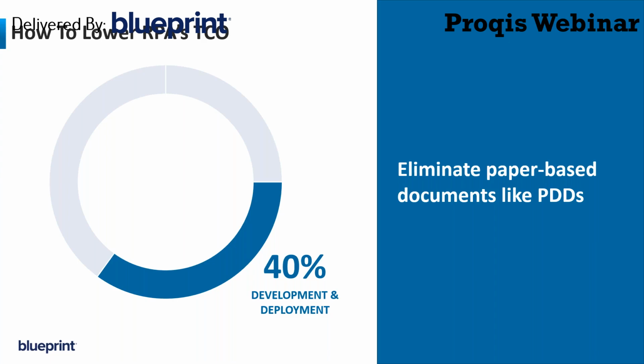Documents like PDDs cause slower development and increase the likelihood of error, which only drives up the total cost of ownership. The ironic part, too, is that we are building automations in the most manual way possible. And ultimately, they also lead to missed requirements, which produce fragile bots that break more often, eating away at the business value RPA is supposed to deliver.